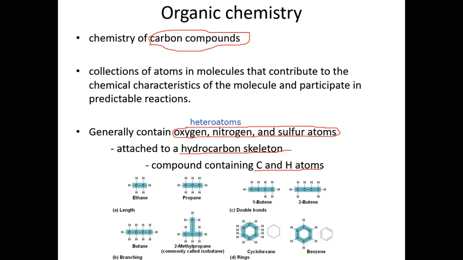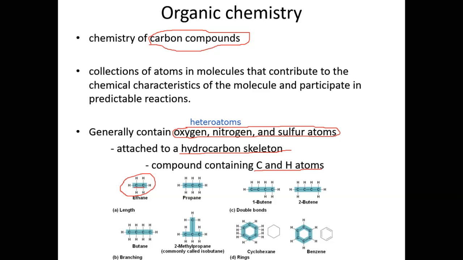And so based on the number of carbons and the types of bonds in the backbones, we can determine the name of the compounds. So for example, in this first one, you see that there are only 2 carbons attached in the backbone, in this hydrocarbon.